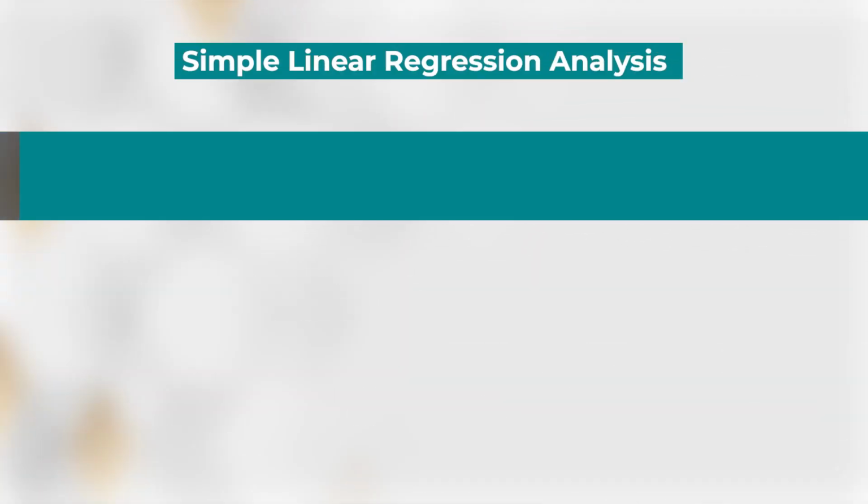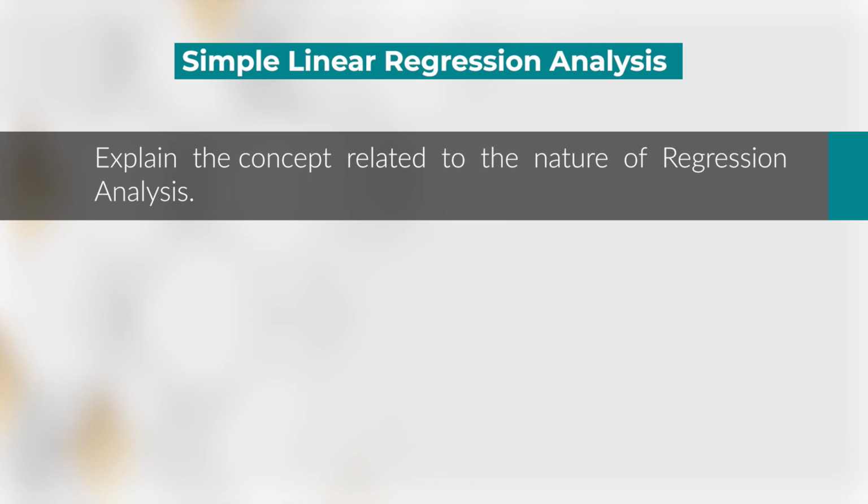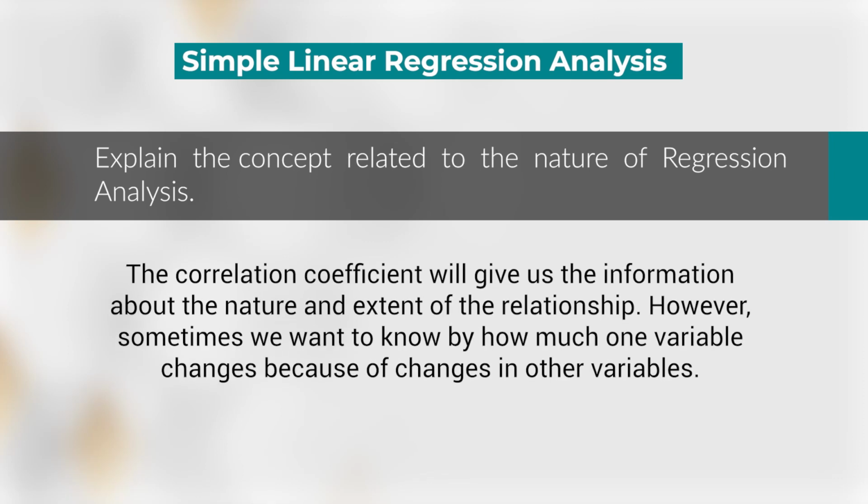So this boils down to the important question which says: explain the concept related to the nature of regression analysis. To give a response, we can say that firstly the correlation coefficient has to be computed at the beginning, which will give us certain information about the nature and the extent of the relationship.